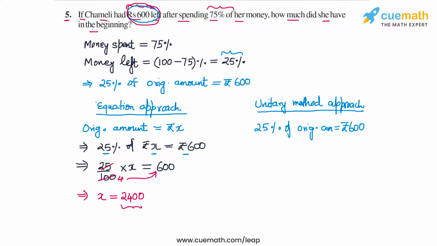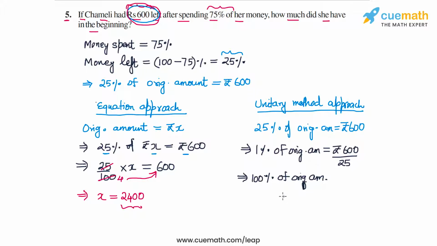This means that 1% of original amount is rupees 600 by 25, and hence 100% of original amount will be this rupees 600 by 25 into 100.